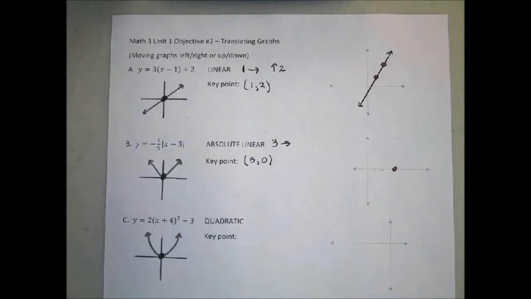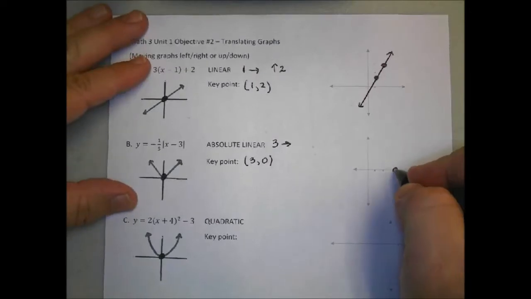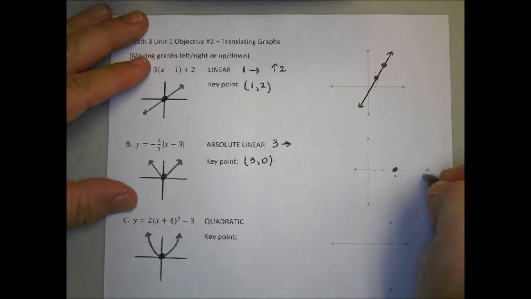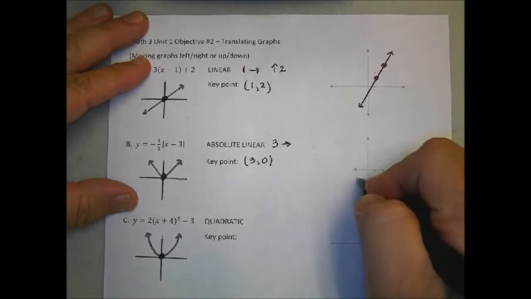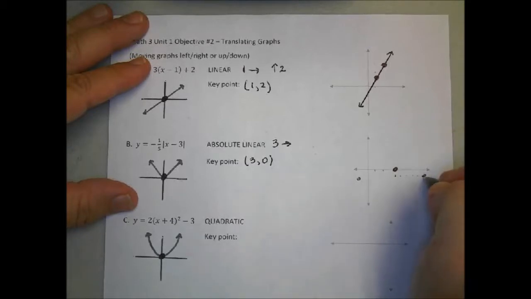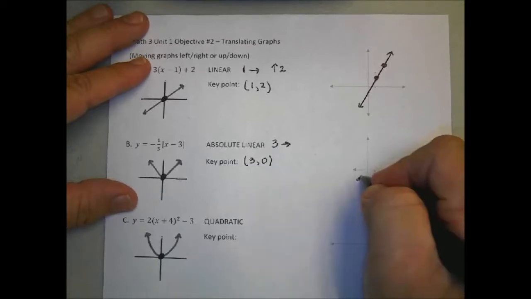So what's the -1/5 doing? Well, it's the slope again, but since it's negative, this V isn't going to be going up. It's going to be going down. So down 1 over 5 looks something like that. Down 1 over 5 should look something like that.